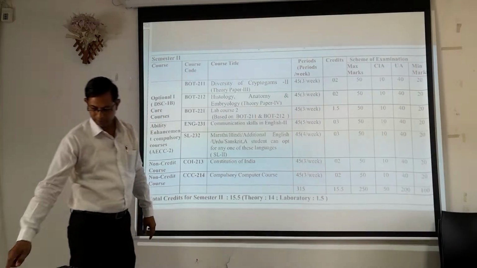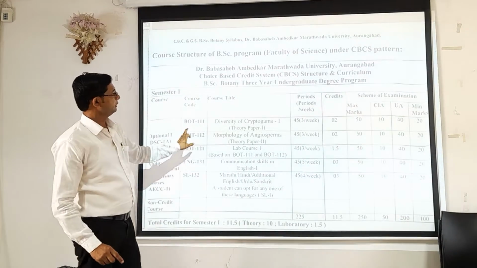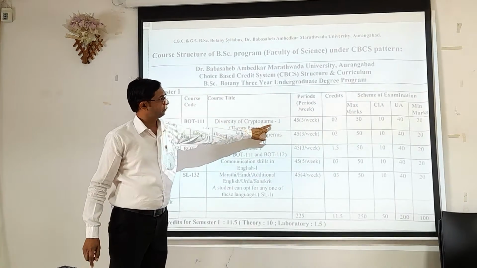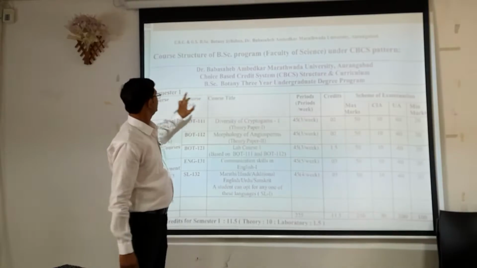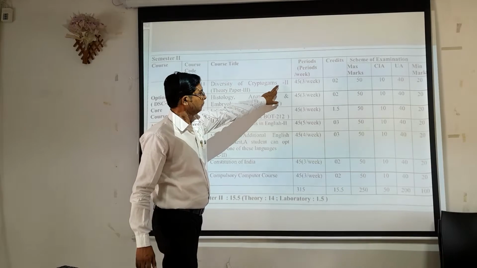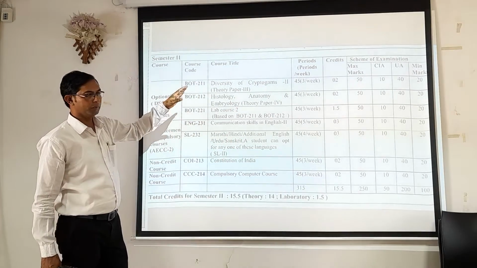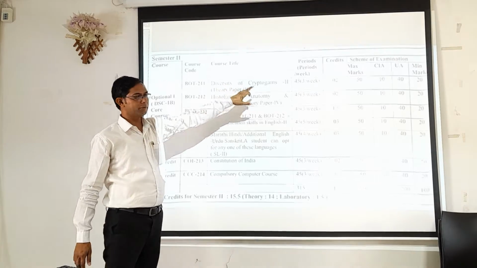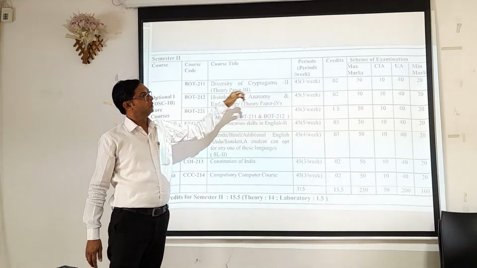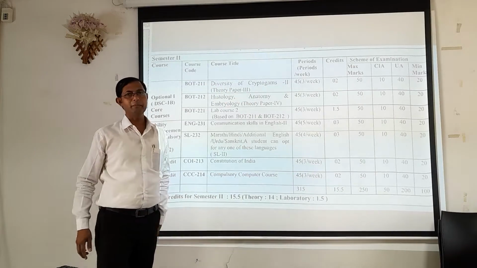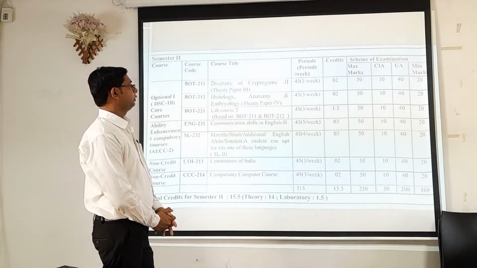So here you can see, in the starting we have discussed diversity of cryptogams 1, that is included in semester 1, while in semester 2 you can see the same part, diversity of cryptogams, but it is the second part of cryptogams. So the same title is there, diversity of cryptogams 1 and 2. It has 2 credits, maximum 50 marks and minimum 20 marks.